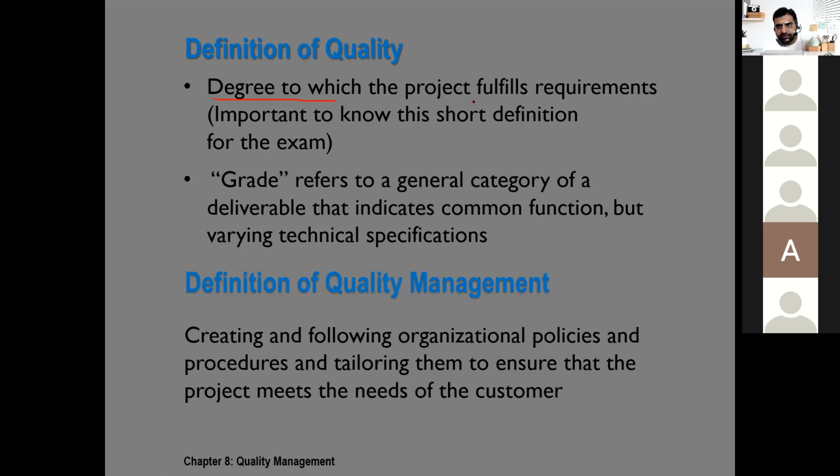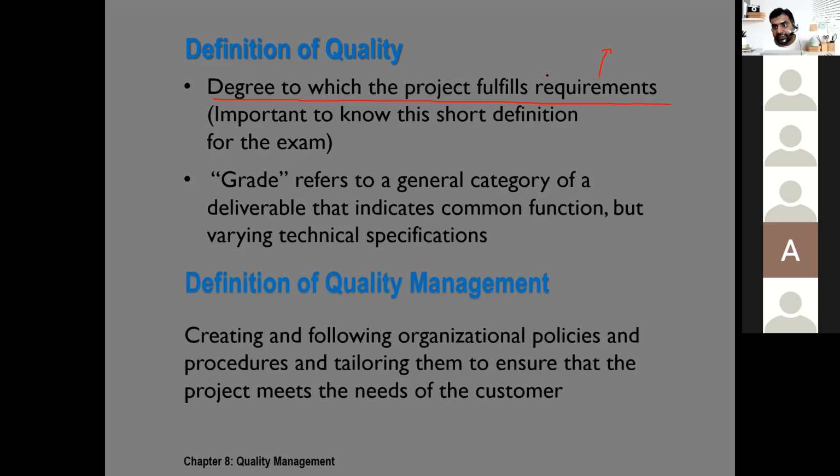Degree to which the project fulfills the requirements is called quality on any project. Now, these requirements could be about cost reduction, by reducing the rework, by reducing the scrap, or by meeting the customer requirements, or satisfying the customers.